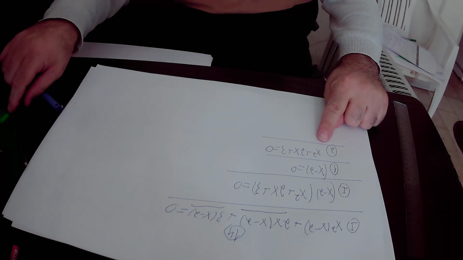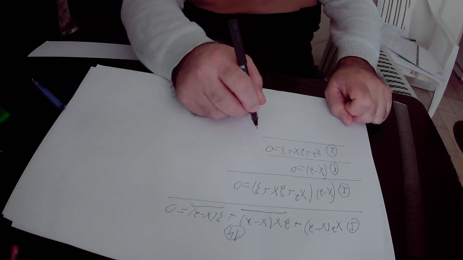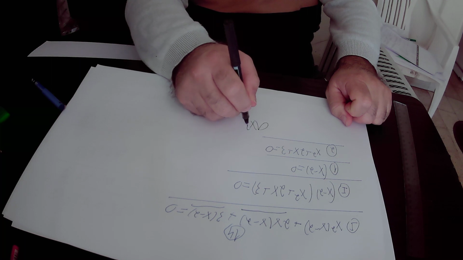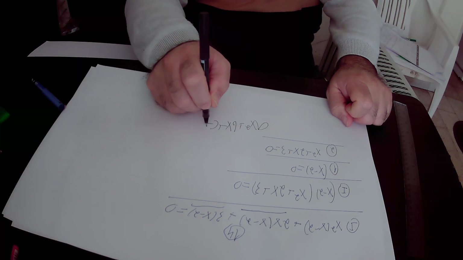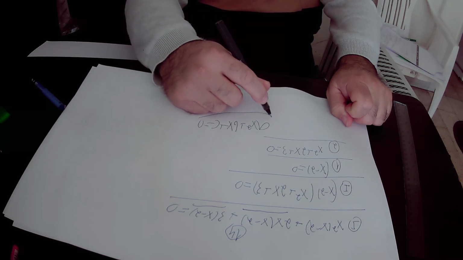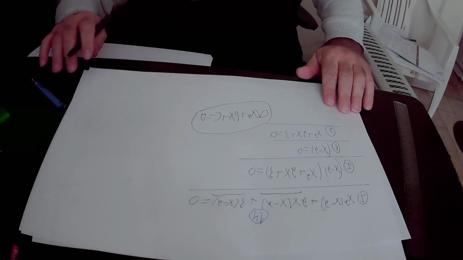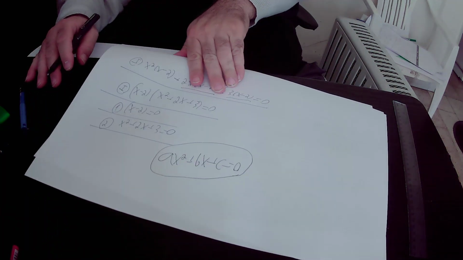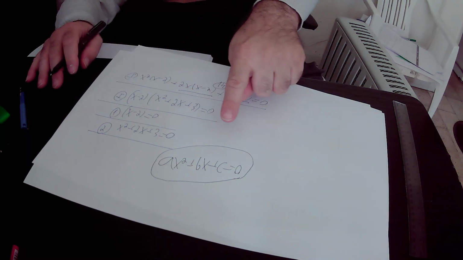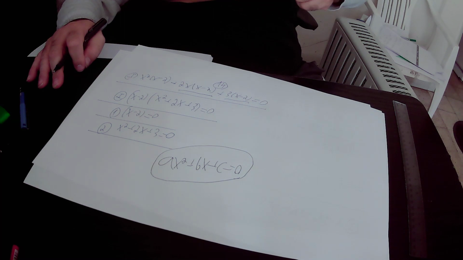and the general form of a quadratic equation is ax squared plus bx plus c equals 0. This is the general formula for a quadratic equation: ax squared plus bx plus c equals 0, where a, b, and c are the coefficients and x is the variable that we are looking for.